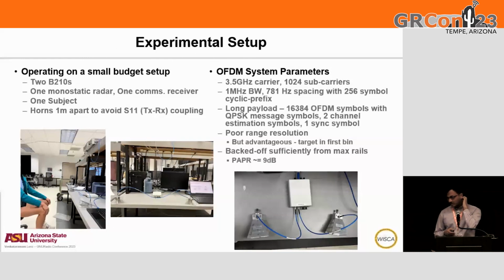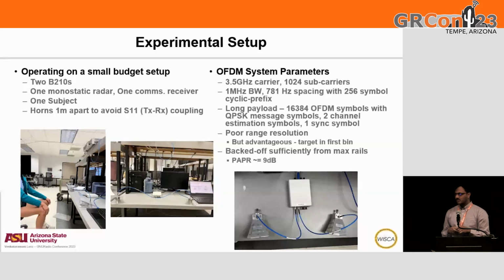So for the experimental setup, it is a small budget setup. We have two B210s. One acts as, we dub it as monostatic radar, though the antennas are placed about 1 meter away, but they're on the same unit. So we call that monostatic. And then there's a comms receiver away from here on the other side, which can receive whatever signal is being transmitted from here and decodes it.